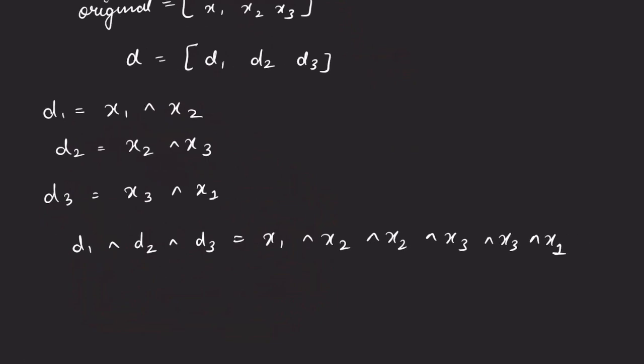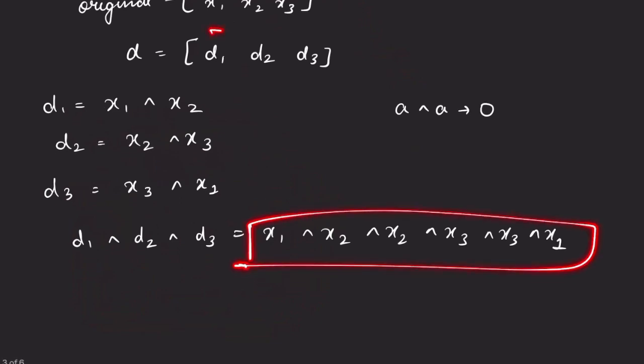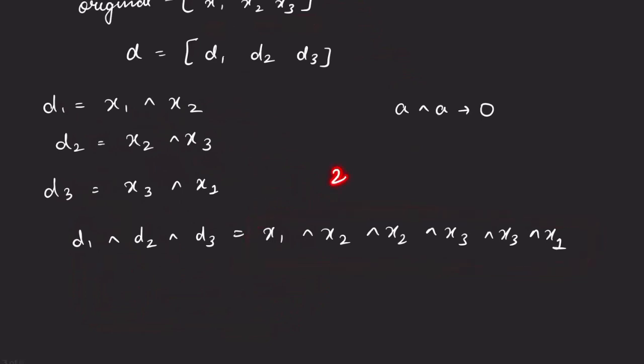Now in the XOR, we know that whenever our bits are the same, we will get a 0. So if you see over here, each bit of the original array, x1, x2, x3, is coming 2 times, right? And when it is 2 times, their XOR will always give me a 0. So they will cancel out, right? This x2 will cancel this x2, this x1 will cancel this x1, and this x3 will cancel this x3.